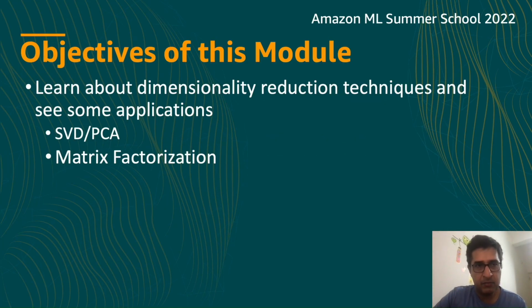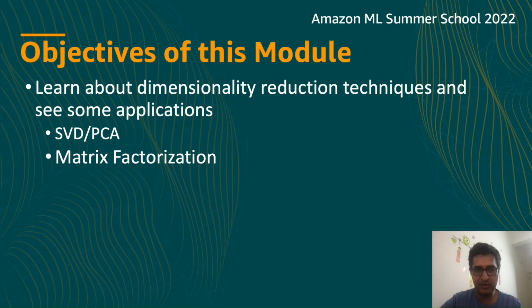Getting ahead with the objectives of this module, we are going to learn a little bit more about dimensionality reduction techniques. In particular, we are going to talk about singular value decomposition, or SVD, principal component analysis, or PCA, and matrix factorization.